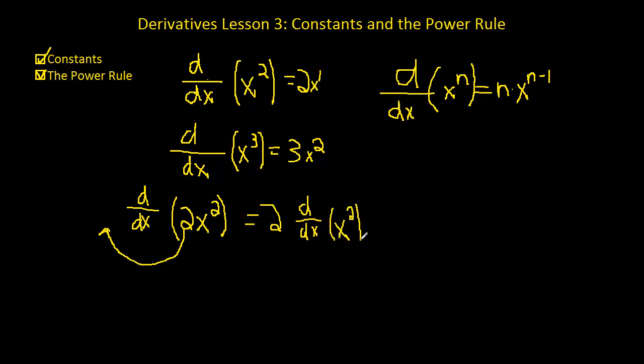So we're not even going to bother interacting with this 2. We just pull it out of there, do the derivative of the inside, and then multiply it again. So what we have is 2 times this derivative, which is 2x, and overall this equals 4x.